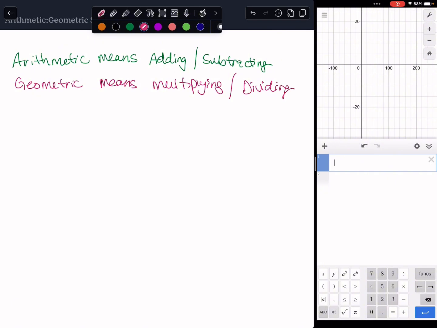Now, we're going to have two different types of formulas. The first type of formula is called recursive. And the other one is going to be called explicit.